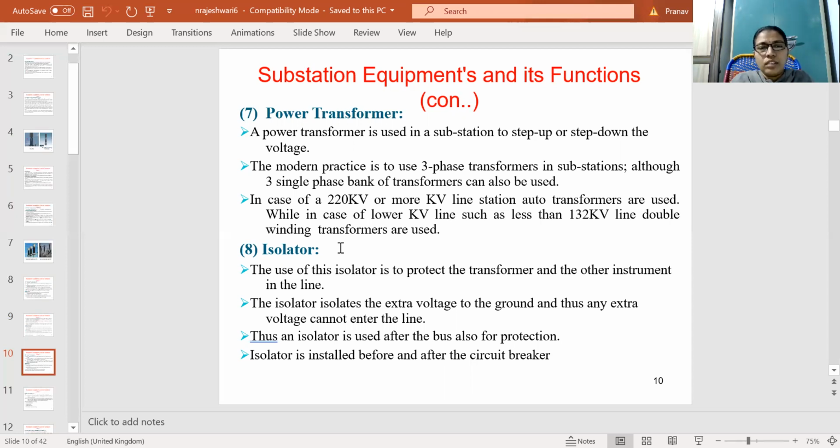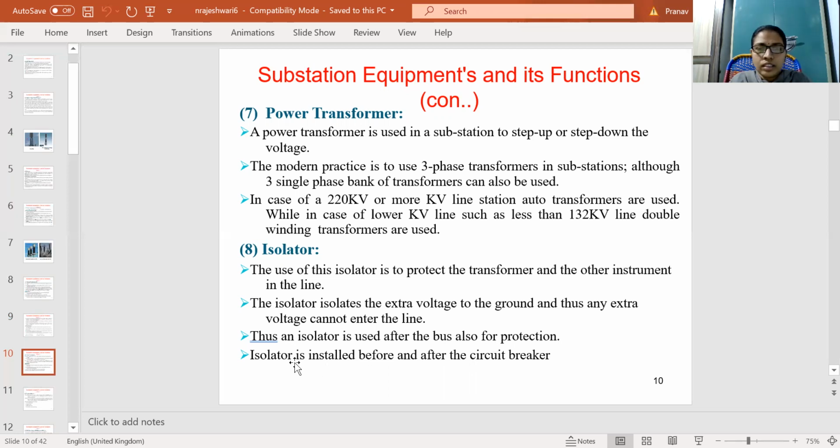Coming to the isolator, the use of this isolator is to protect the transformer and the other instruments in the line. The isolator isolates the extra voltage to the ground, and thus any extra voltage cannot enter the line. So an isolator is used after the bus also for protection.